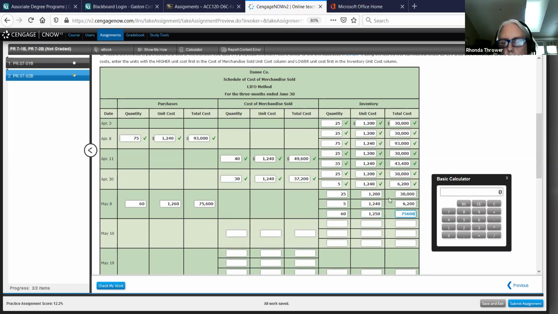So in this problem, we now have 3 layers to draw from. We have 3 layers of ending inventory, consisting of your beginning inventory, your 5 units that were left of the April 8th purchase, and the May 8th purchase.